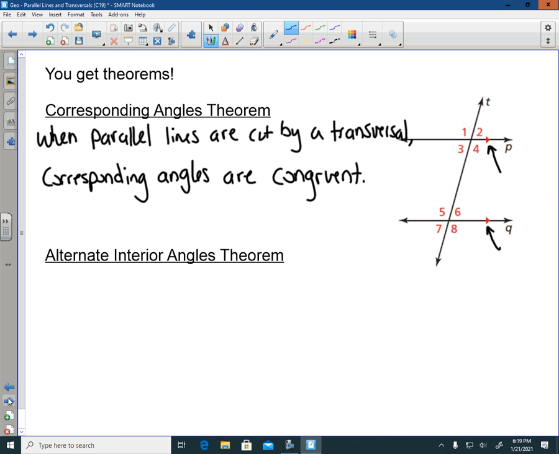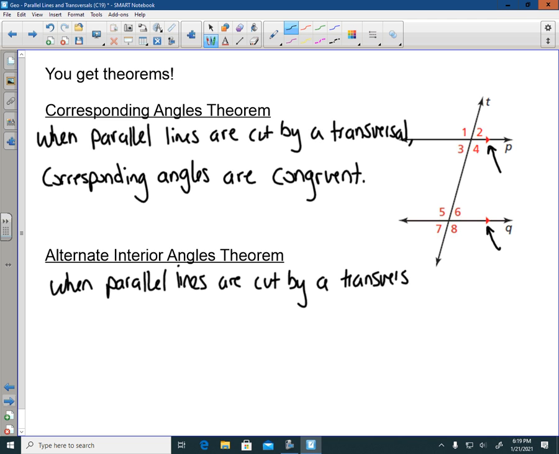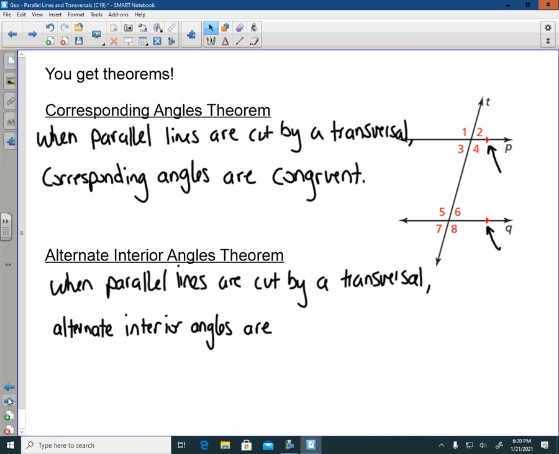Again, when parallel lines, don't forget the L, are cut by a transversal, this is important, gotta have this structure first, alternate interior angles are, and then we'll fill in the blank. It's either congruent or supplementary.